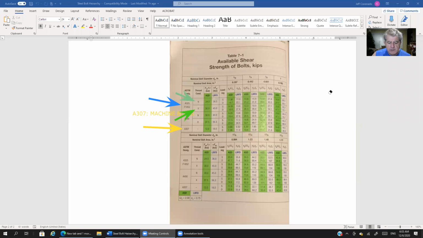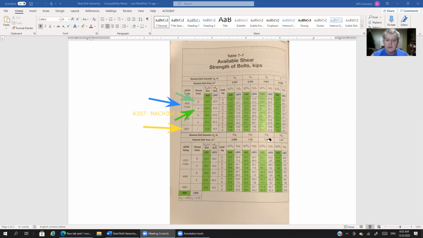So what we have is that we would go from A307 bolts to A325 bolts. In the A325 family, again, looking at capacities, that makes sense.